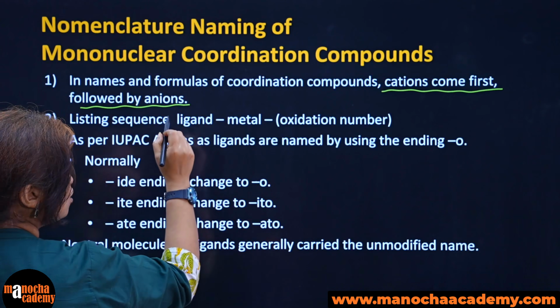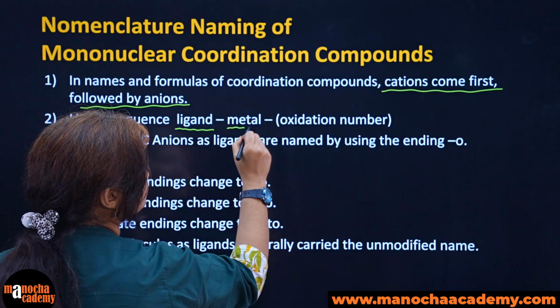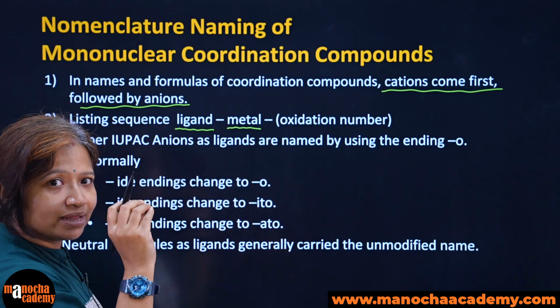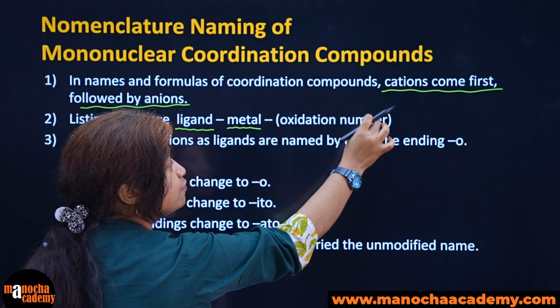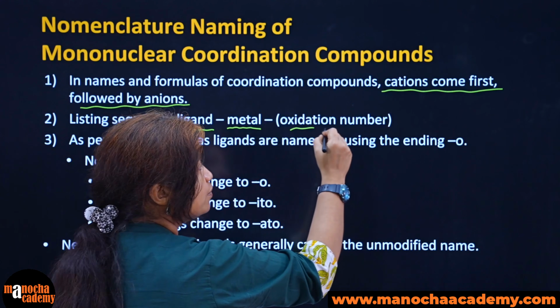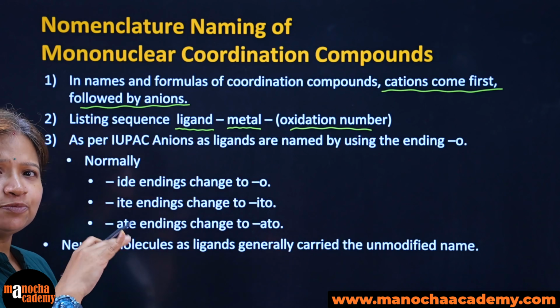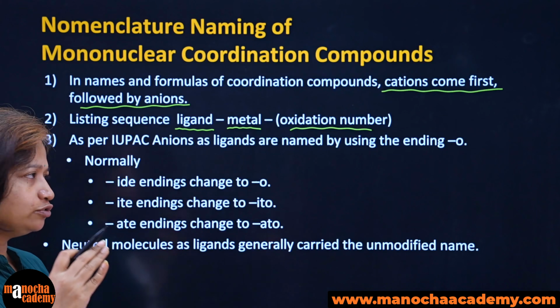The order is, first comes the ligand, then comes the metal. After you write the metal, inside the parenthesis, you write the oxidation number in Roman numeral. Okay, you will understand this much better as we move with the examples, not to worry.